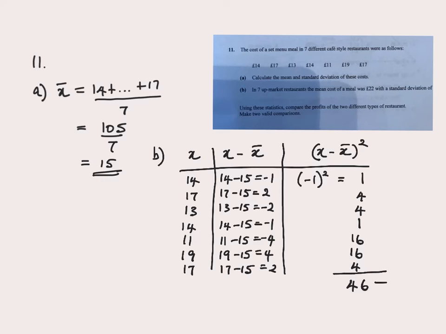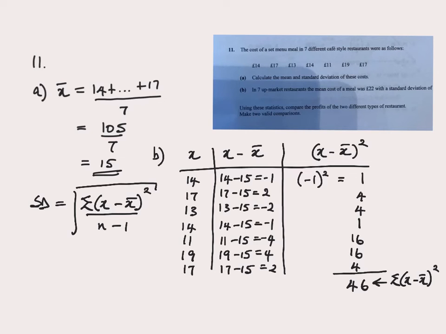Now this value here is sigma x minus x bar all squared. So the formula for the standard deviation, sigma x minus x bar all squared over n minus 1. We then take the square root of the total.